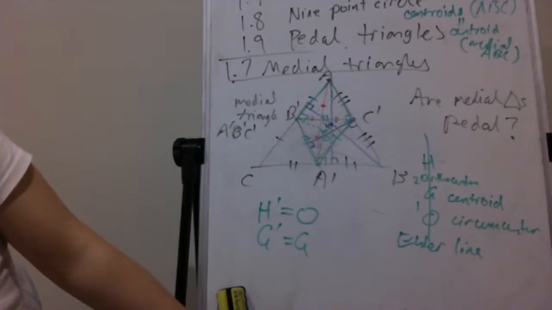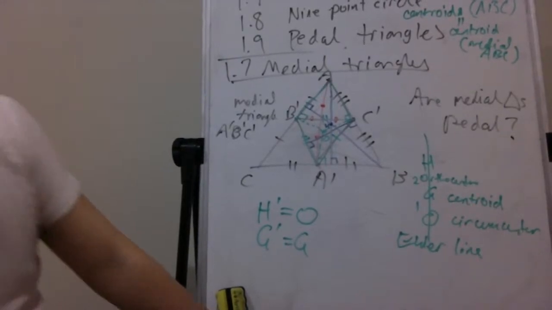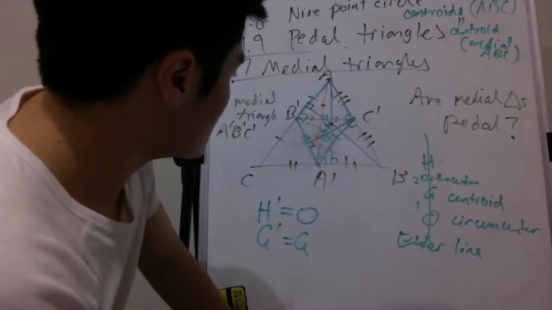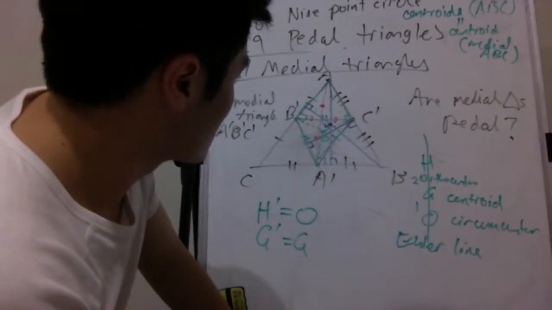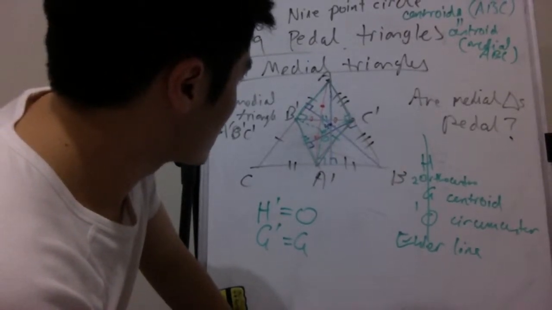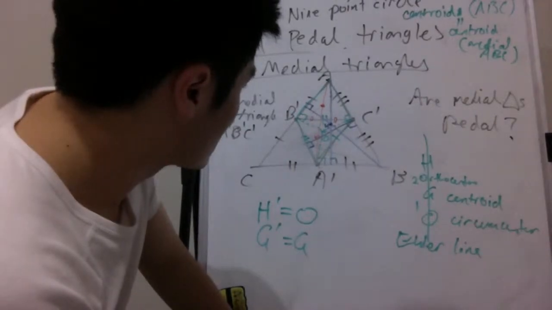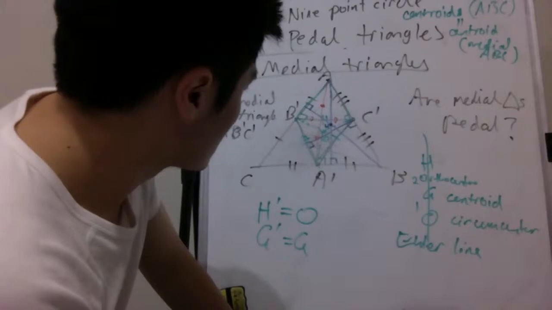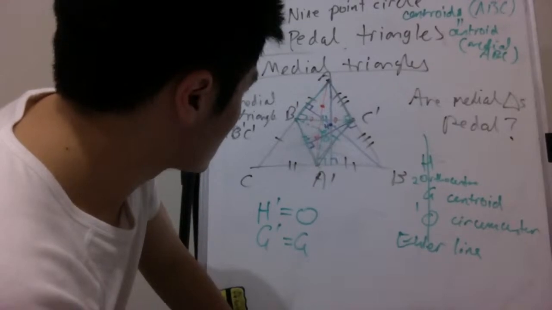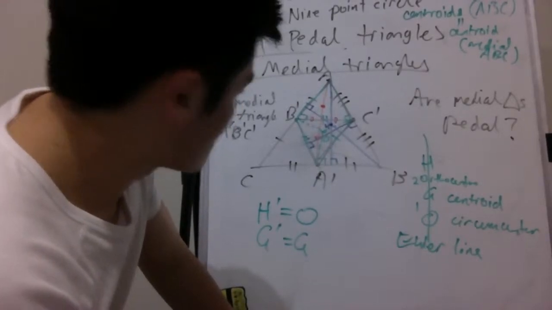So we need HAG and OA prime G. H, A, G. And what else?